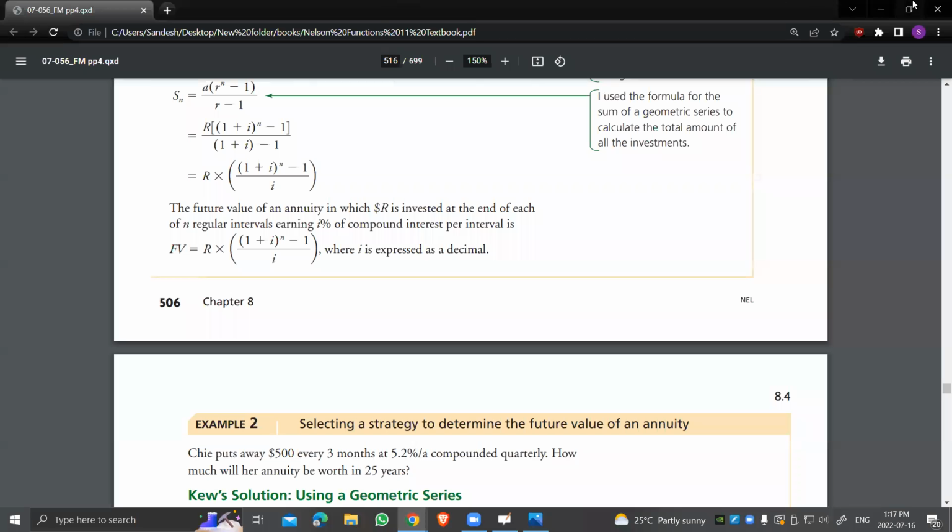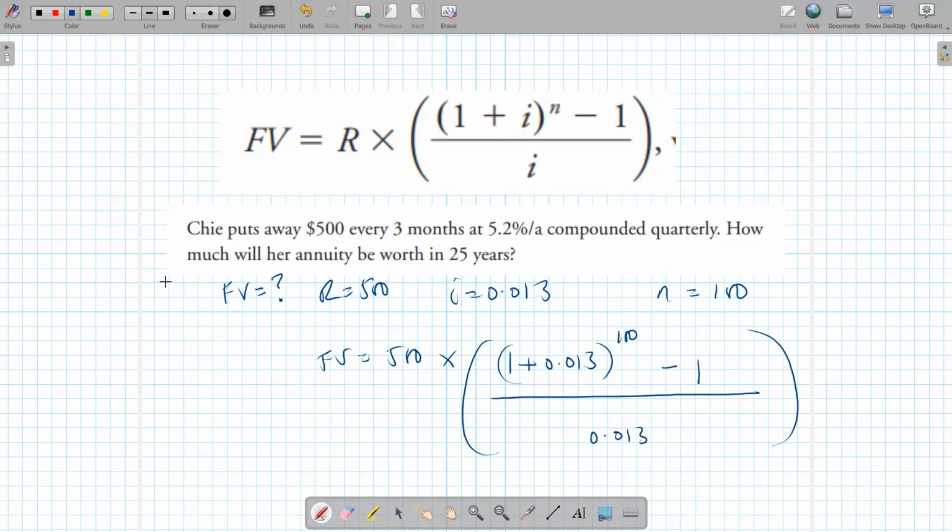Because basically you're also being tested on your calculator prowess. So I have to do a bracket and a bracket. Yeah, well, first, just do 1 plus 0.013 to the power of 100 in a bracket, and tell me what you get.